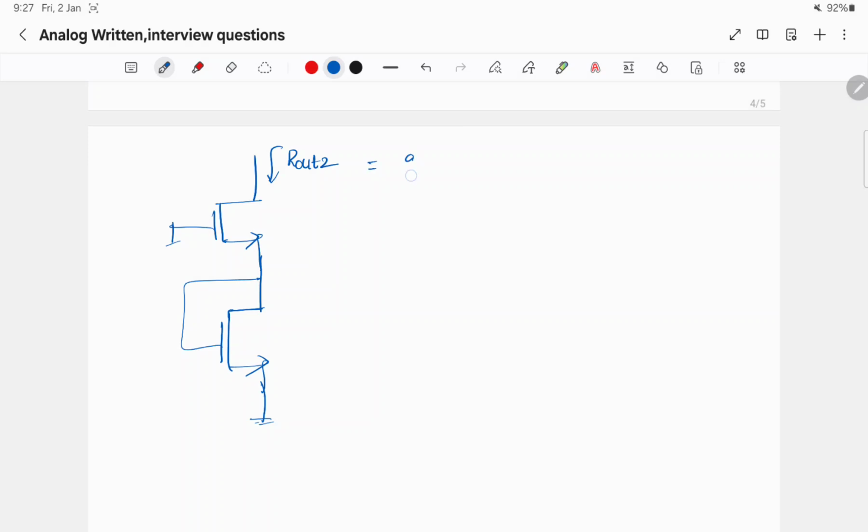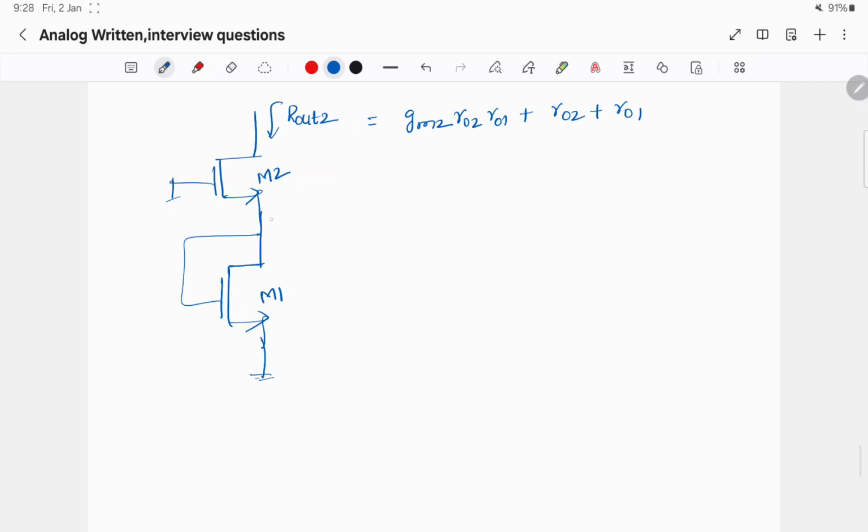The output resistance is, let's say this is M2 and again this is M1, GM2 RO2 RO1 plus RO2 plus RO1. But we know that for the diode connected configuration, the output resistance R equivalent is 1 by GM parallel RO1.